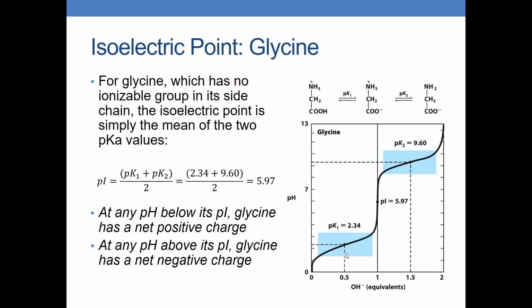So under these conditions, I have 50% deprotonated, 50% protonated. So let me step back and remind you here. The fact that I see 2 stages first tells me I have 2 ionizable groups, and now because I can quantify the pKa based on the midpoint of each of these transitions, I also know what the pKa is for each of those 2 ionizable groups.